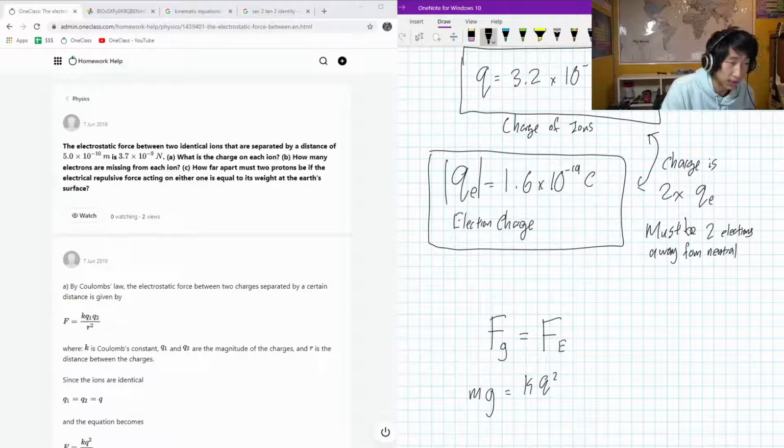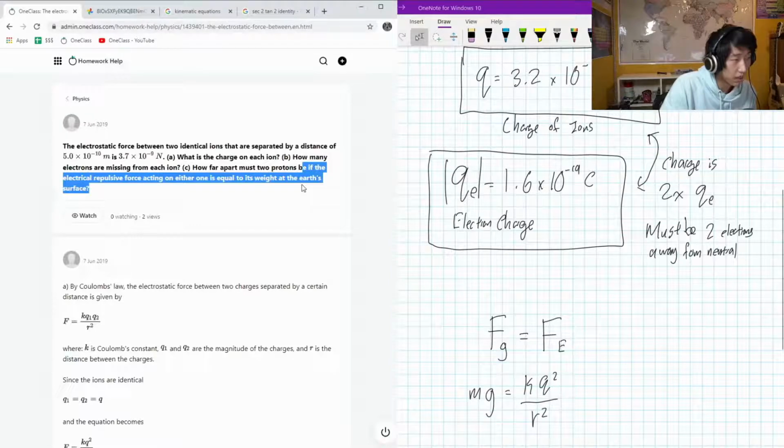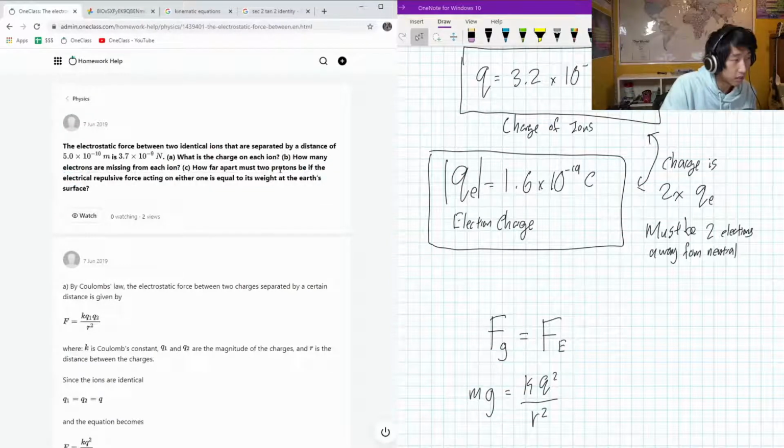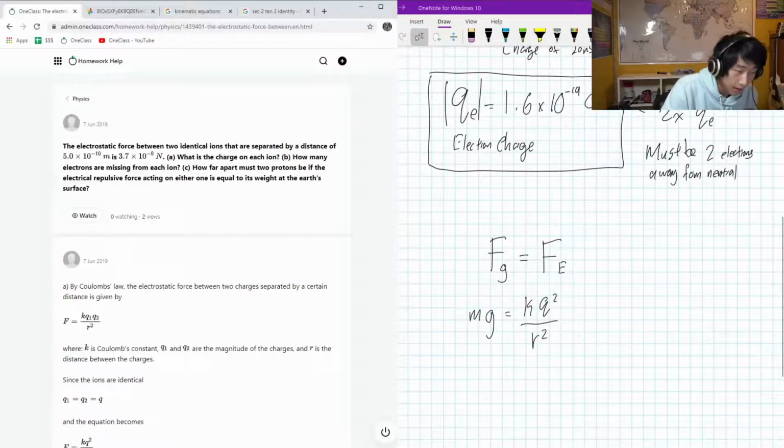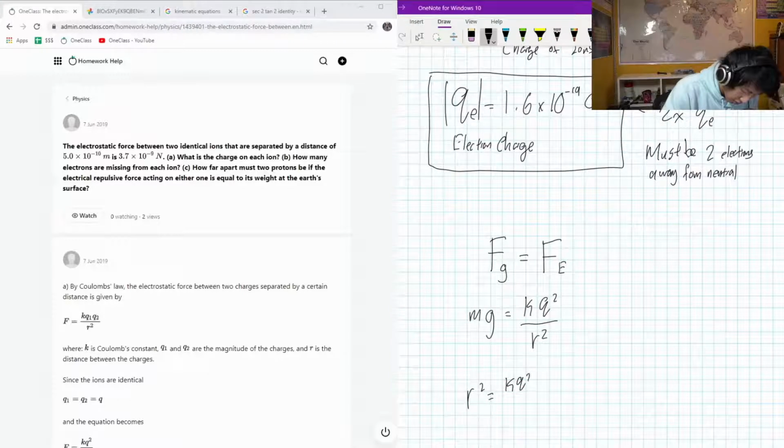We have 2 protons, clones of each other, with the same charge. We're trying to solve for r, the distance between them. So r squared is equal to kq squared over mg, and r is the square root of kq squared over mg.